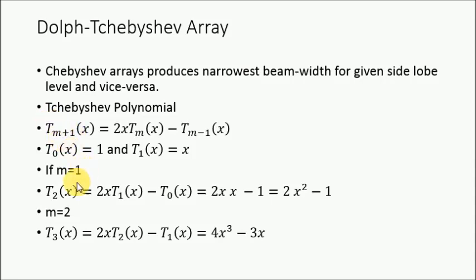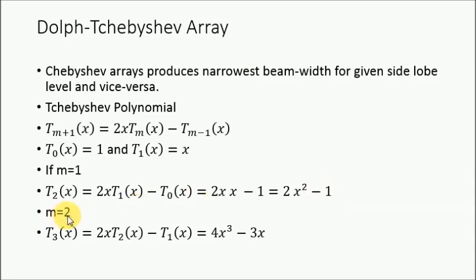If I put m equal to 1, we have m plus 1, that is 2, so T2(x) is equal to 2x T1(x) minus T0(x). Now put the values here: 2x, what is the value of T1(x)? That is x. Then T0(x) is 1. Simplifying this, we get 2x squared minus 1.